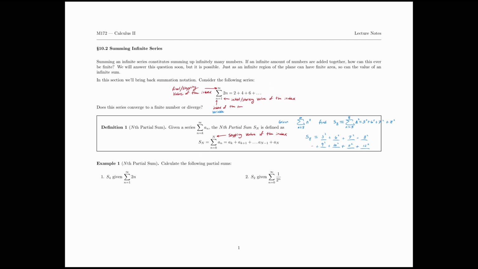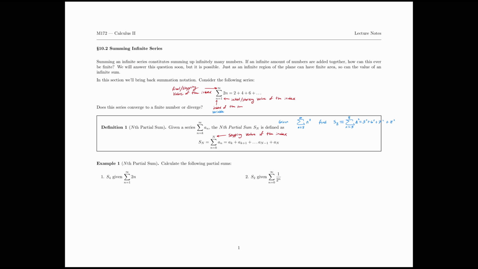So all those terms down here that were erroneously included can really throw off your answer. So remember, this subscript, the partial sum, only tells you how far to go, not how many terms are actually present in your sum. In this case, because our starting value is 5, in order to start at 5 and go to 8, we'd have 4 terms. So be careful. A very common misconception.